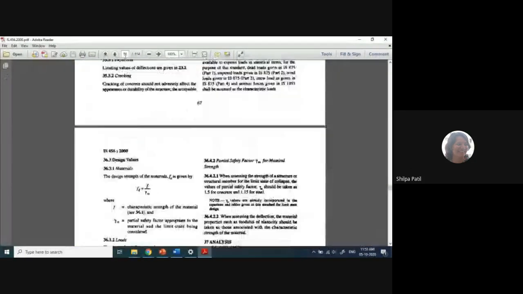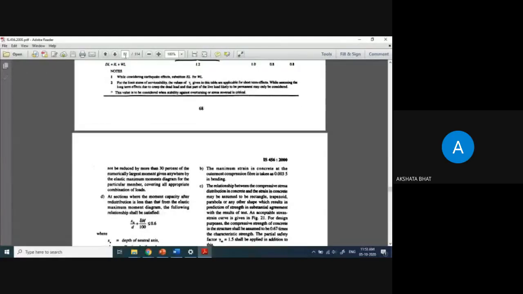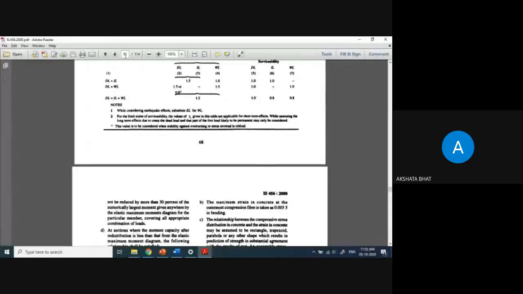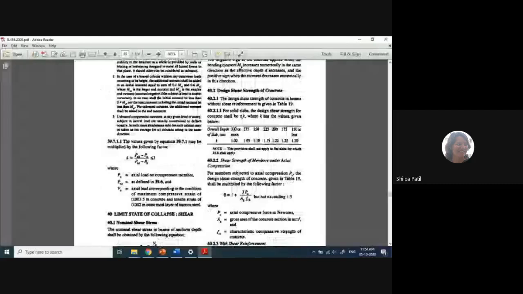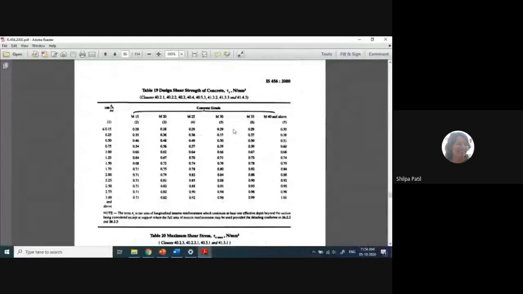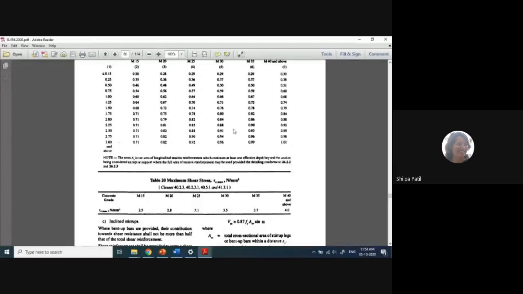Page 73. Okay. So tau C max is from table 20, and it depends upon the grade of the concrete. What is the grade of the concrete? M20, so for M20, tau C max is 2.8.